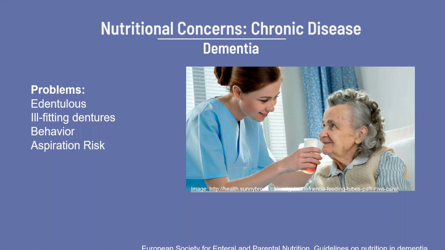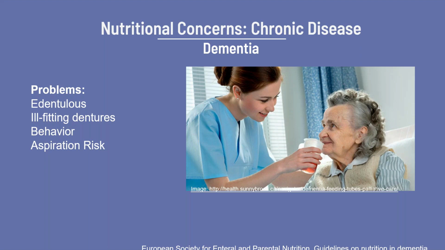So they may have a problem maintaining their ability to consume foods adequately because of chewing problems or concerns. Also, with ill-fitting dentures, oftentimes, due to their cognitive impairment, they might not be able to communicate that their teeth or gums are hurting them or that there are problems chewing, and therefore they might refuse food, but are unable to tell you why they're refusing that food.